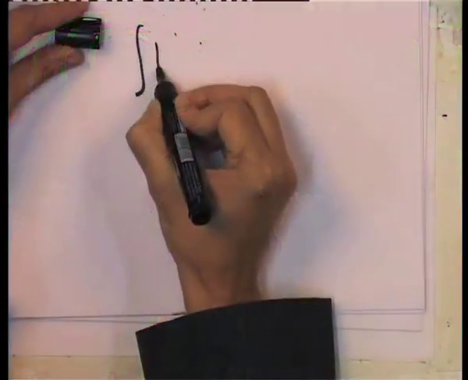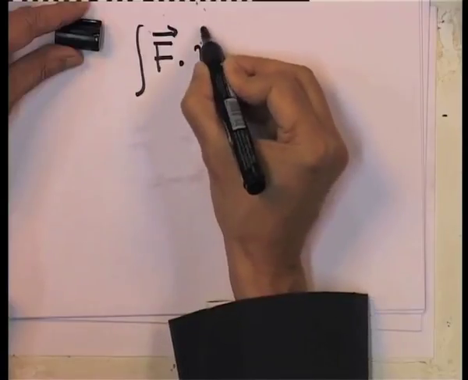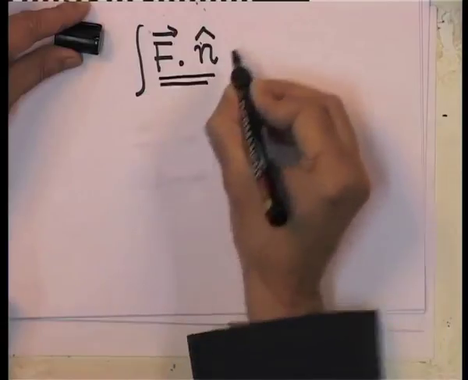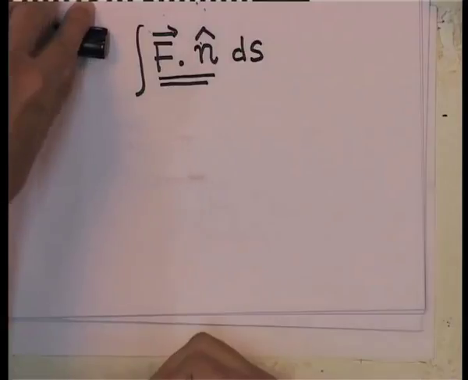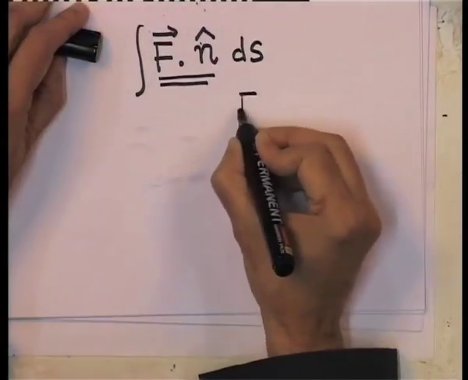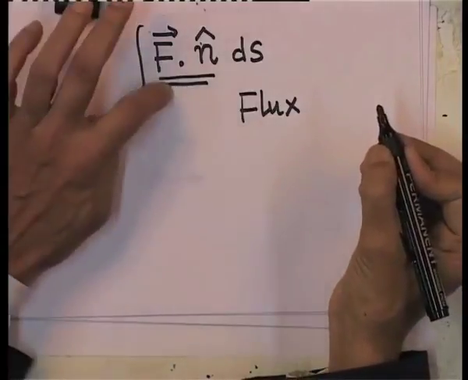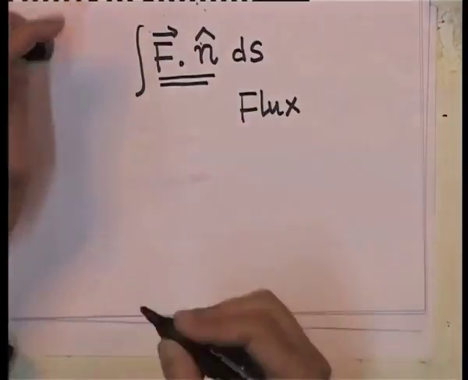Now, one can go and define more. Remember, the surface integral is the dot product of a vector field with the outward normal, integrated over the surface. This is usually called a flux of the force field F through the surface.